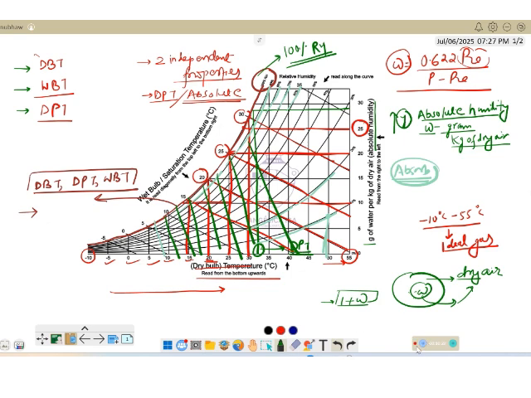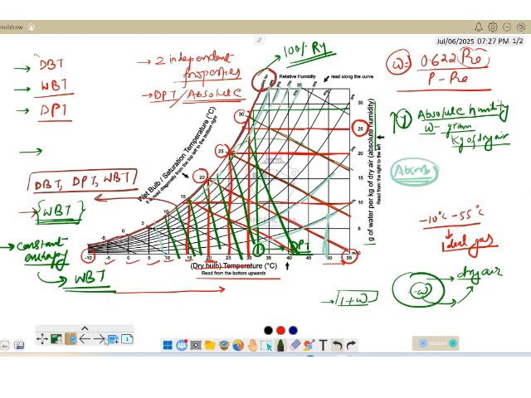Further, one more thing is this: the constant wet bulb temperature lines are these slanting lines, and we have seen the definition of wet bulb temperature, that if adiabatic saturation of water takes place, then the ultimate state reached is called the wet bulb temperature, and the constant enthalpy lines in this case generally coincide with the constant wet bulb temperature lines.